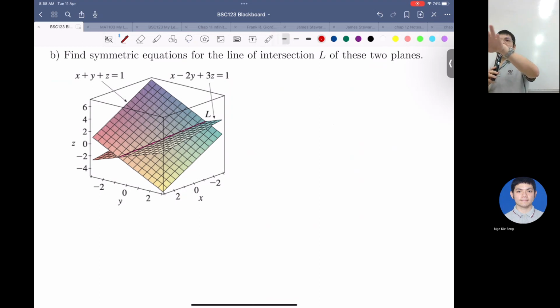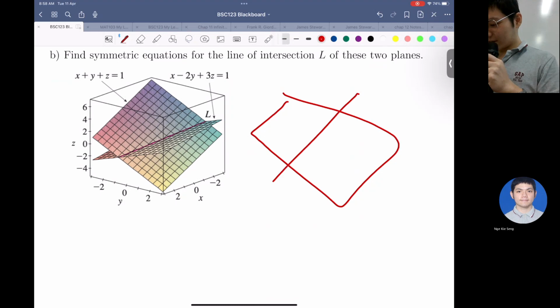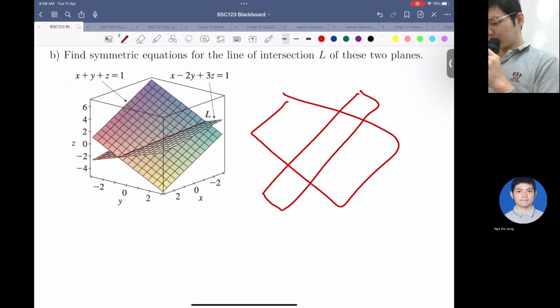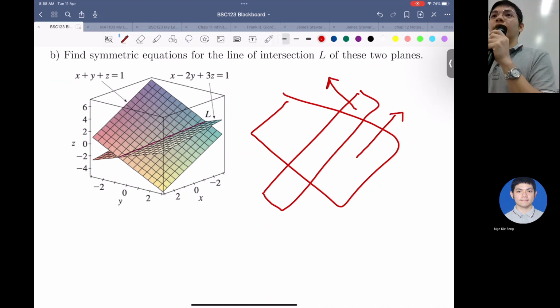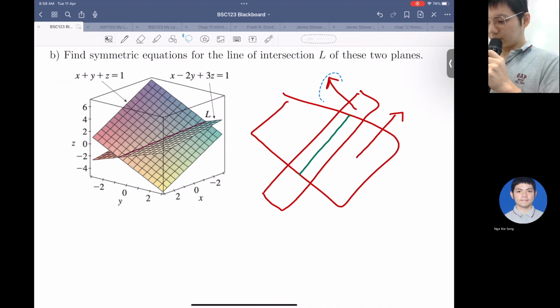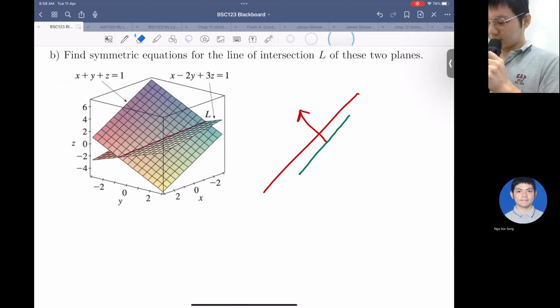Does everyone else understand it? Do you agree or not? So he's saying that you got two planes. If you take the normal vectors of the two planes, these two normal vectors are perpendicular to the intersection line.